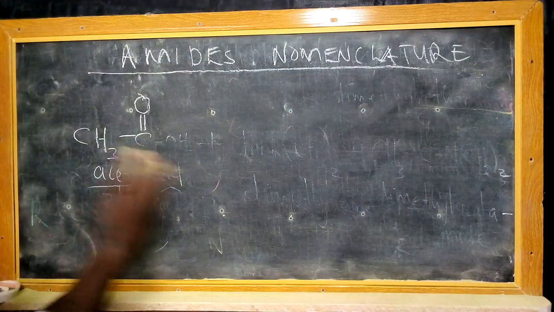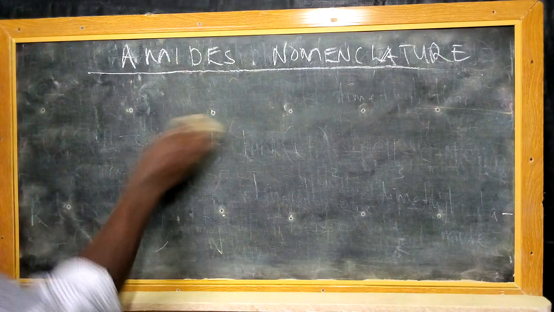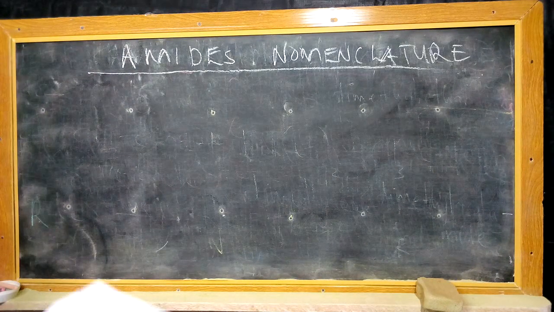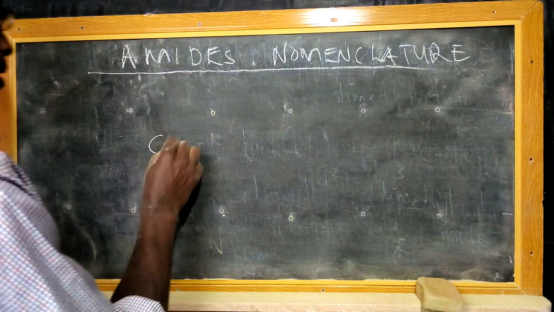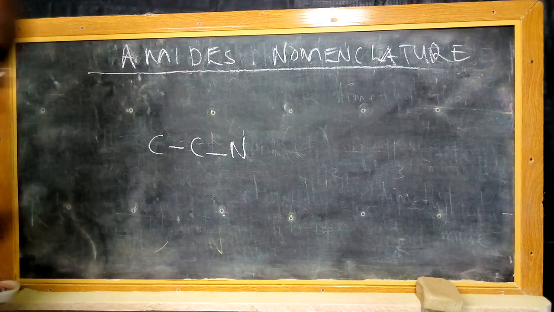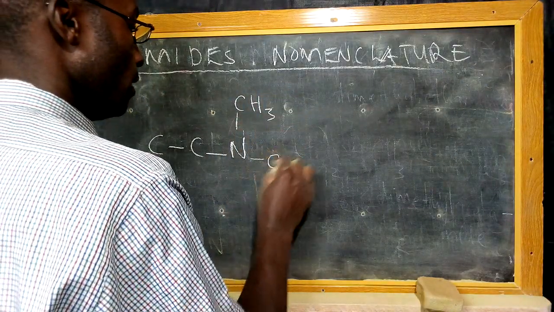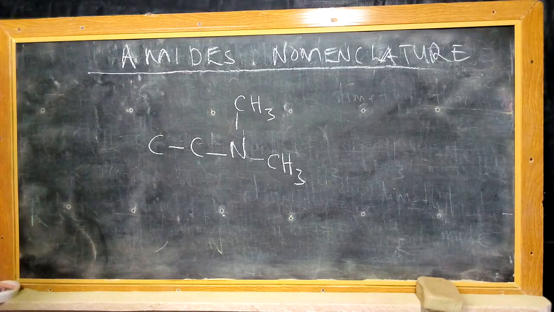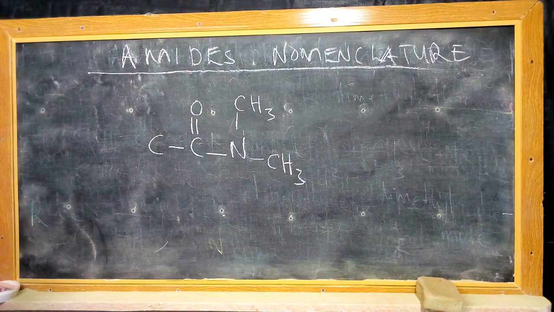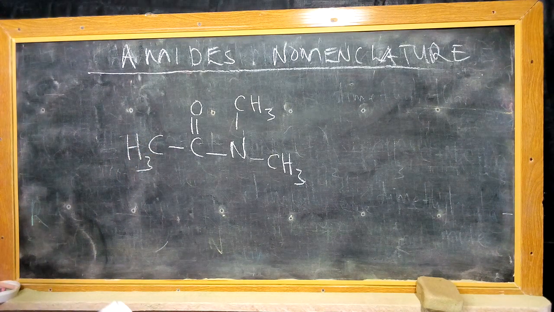Let's name one of the examples of amides and see how its name is derived. So we have this example of an organic compound: CH3, then a carbonyl carbon, and then CH3.